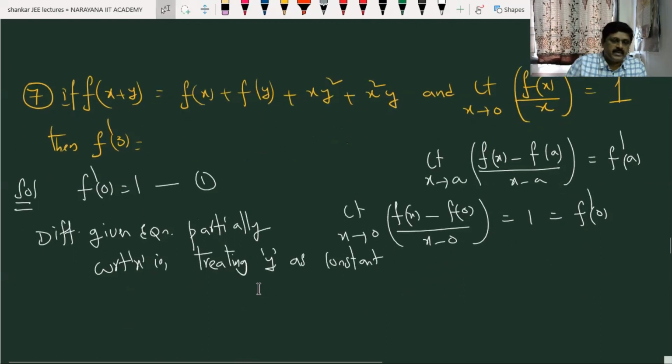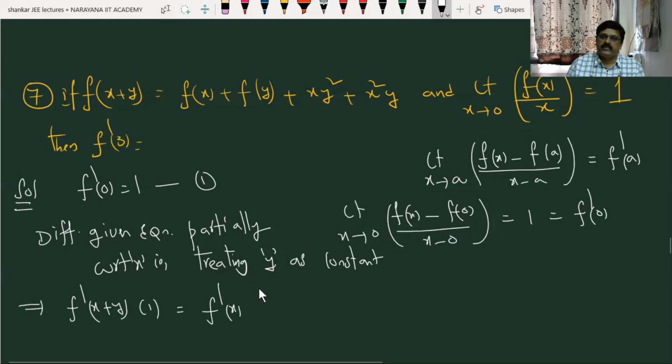So shall we differentiate that particular equation? Start. F of x plus y derivative f dash x plus y into x plus y chain rule. We are differentiating partially with respect to x, means x is variable for us now, y is constant. So just x plus y derivative 1, leave it. On the right side, f of x derivative f dash x, f of y becomes 0, leave it.